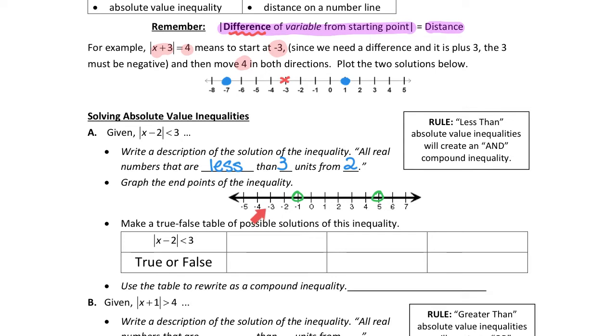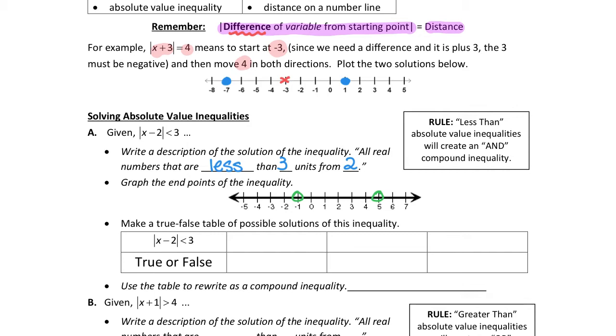Do we need to shade on the left side of our endpoints, in between our endpoints, or to the right of our endpoints? So what I'm going to do is pick a value in each of those 3 areas and test them out.